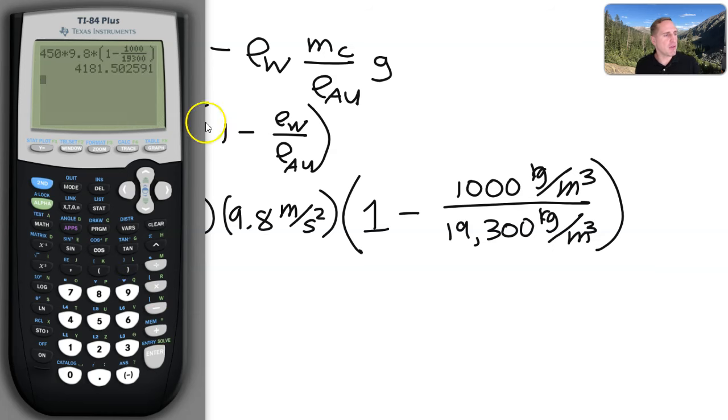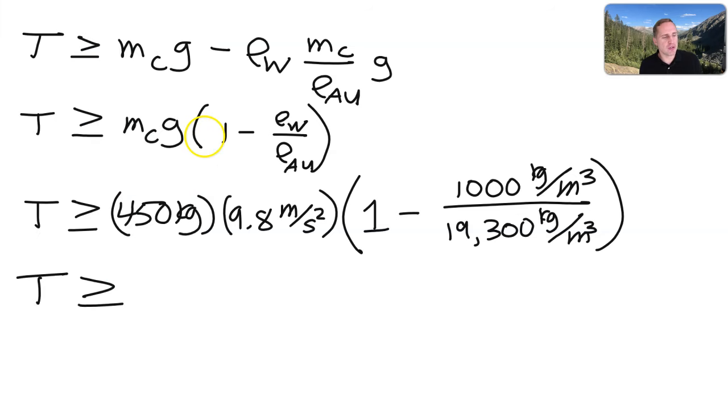Okay, so we've got 4,182 or so. So it's 4,182 newtons. Now, if the tension is larger than that, clearly we can accelerate the chest upward. If it's anything less than that, we don't have enough force to pull the chest upward.